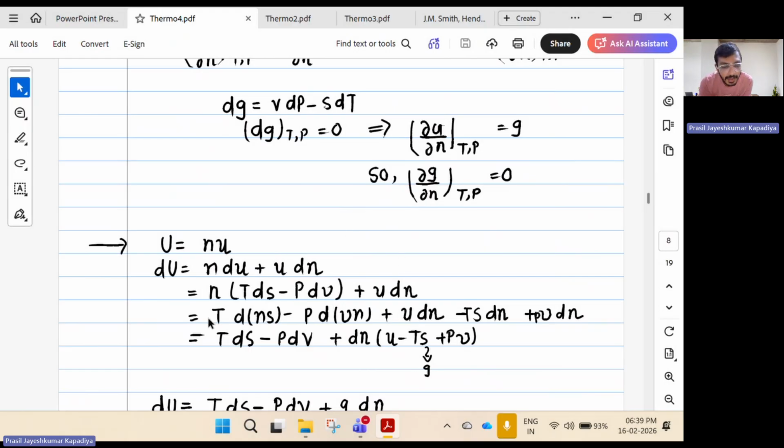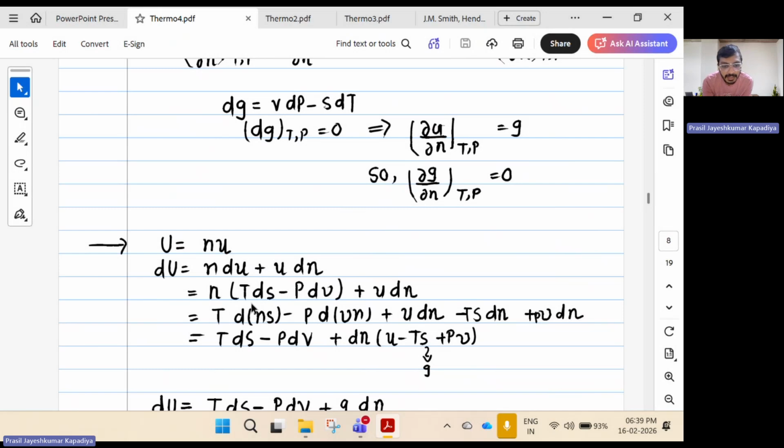Okay, now let's say what is this term? T into dNs. This term is N into T into ds. So let's say I want to write T into d of Ns. It will be equal to N into ds plus s into dN.